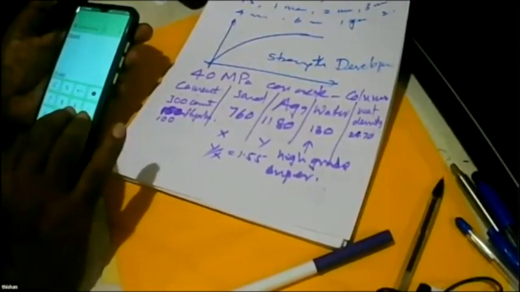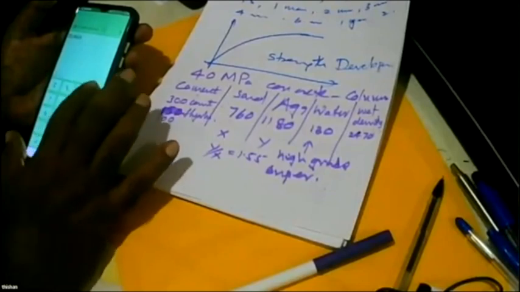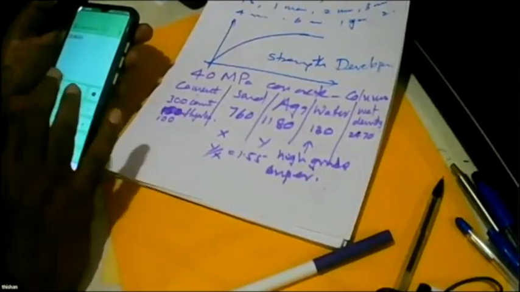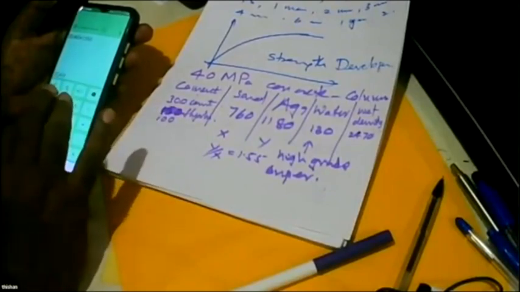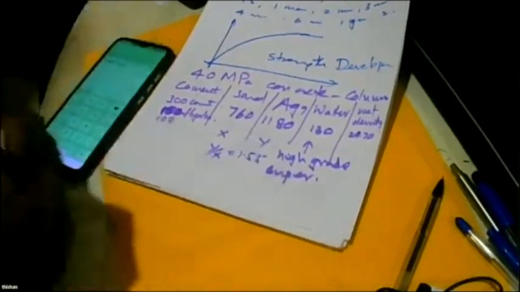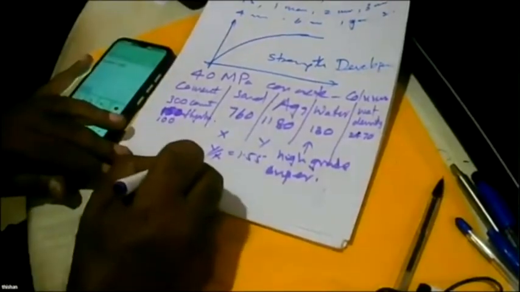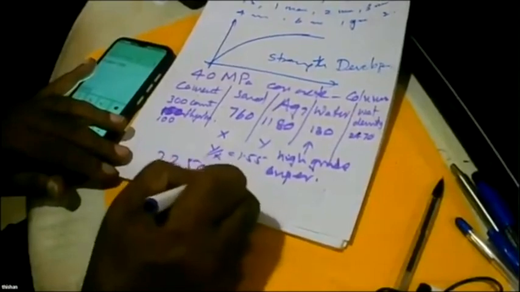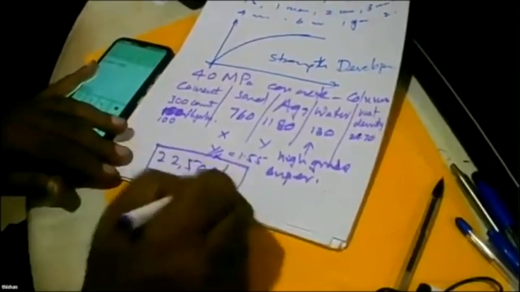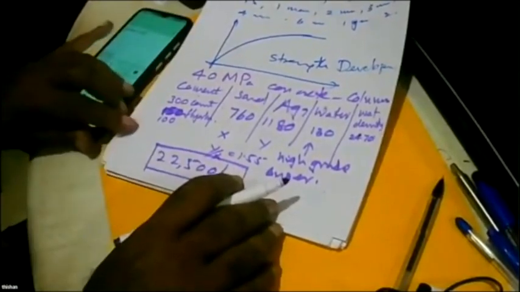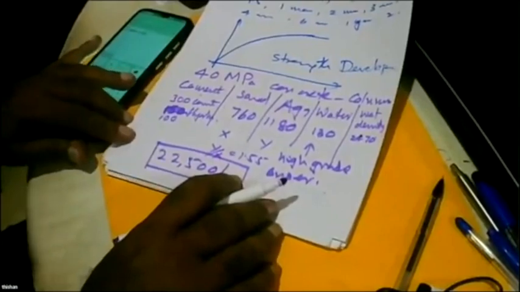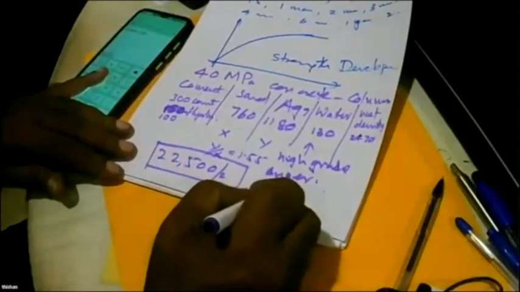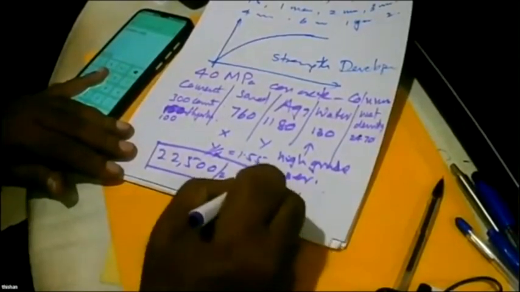That's the cost, plus 1950, 22,500. So what is the cost difference between 30 megapascal and 40 megapascal concrete? It has to be less than 2,000 rupees.